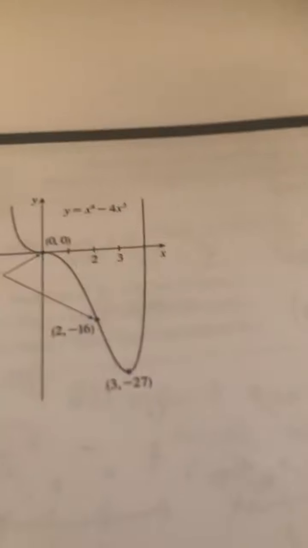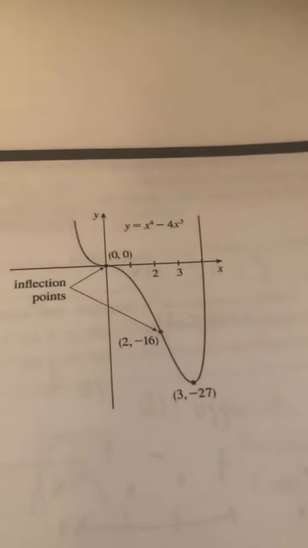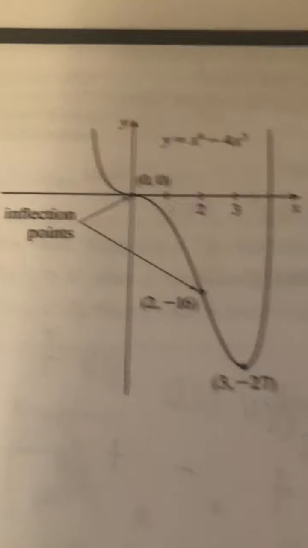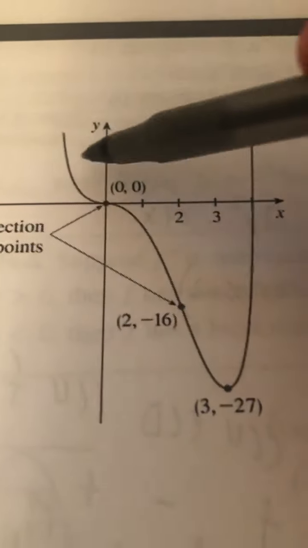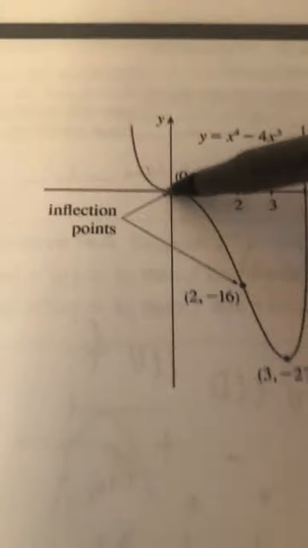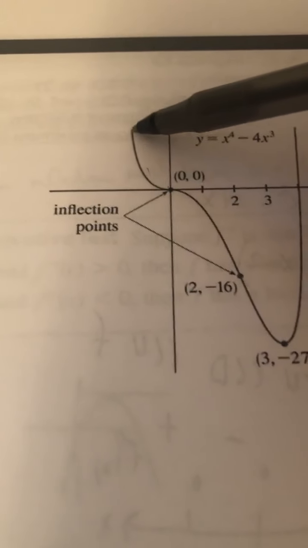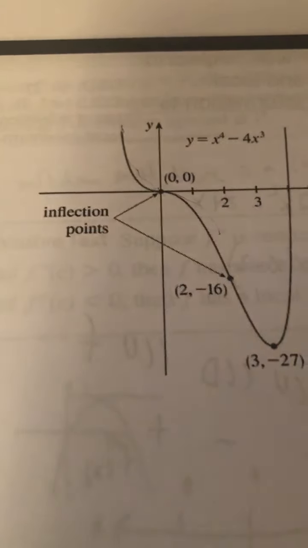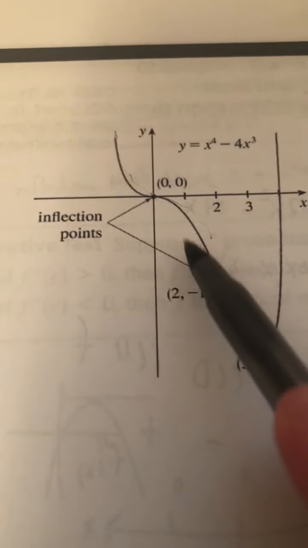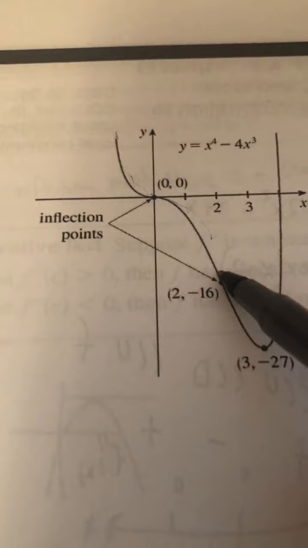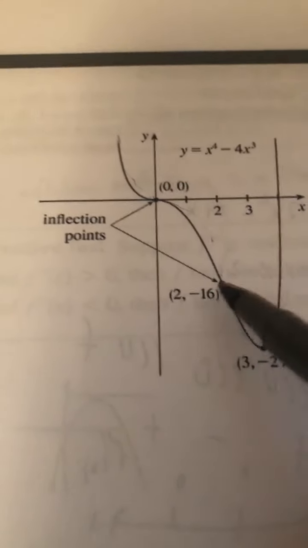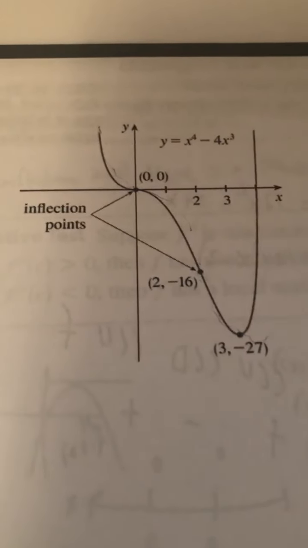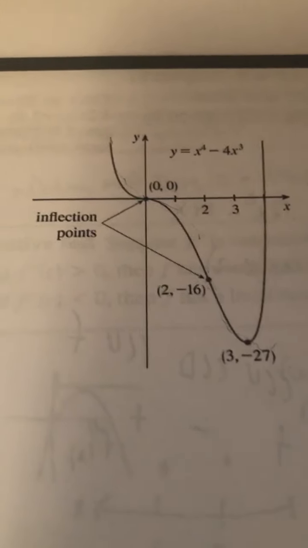Now, you should be able to tell where the points of inflection are as well. At 0, 0, here's an inflection point. The curve changes from concave up to concave down. And at x equal to 2, it changes from concave down to concave up. So it may be helpful to remember the definition of concavity.